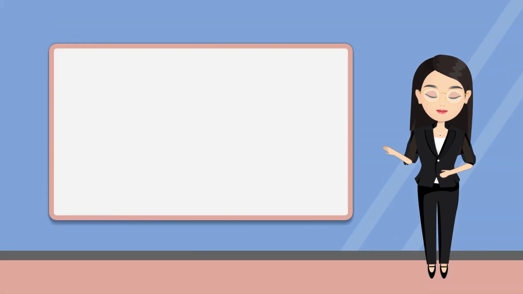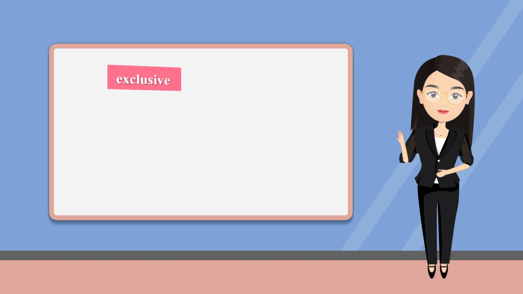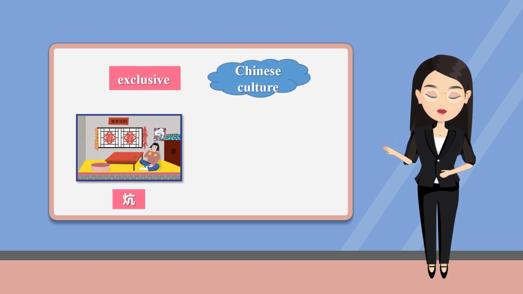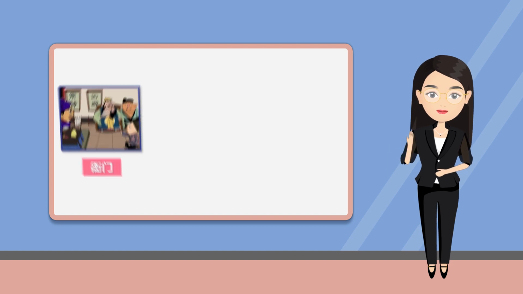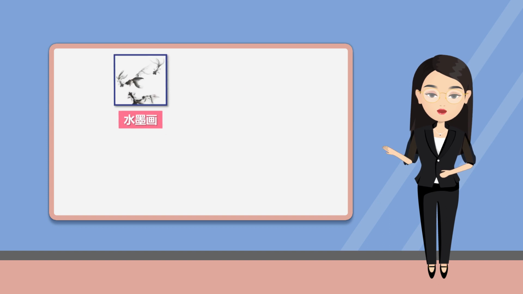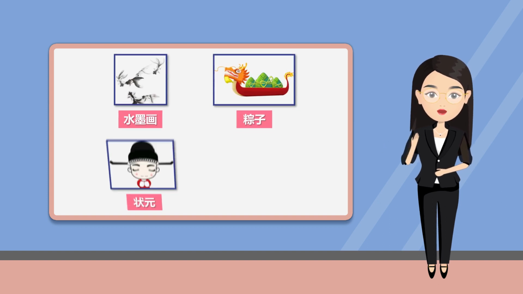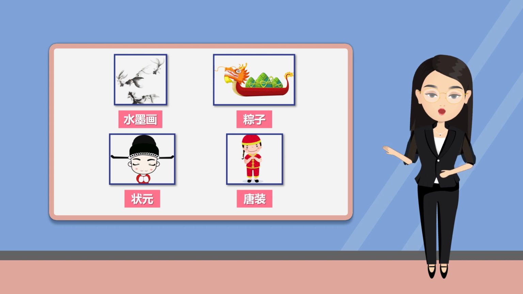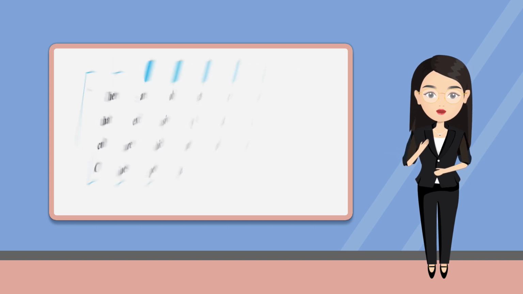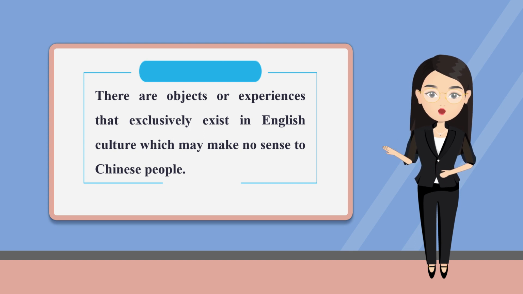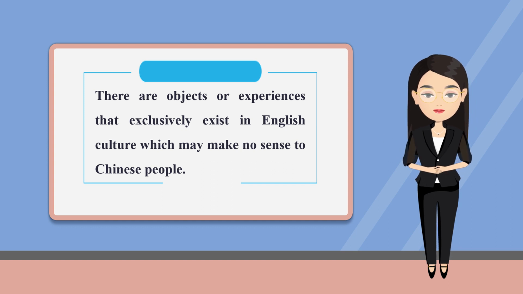There are many things or objects that are exclusive to Chinese culture, such as 炕、太极、衙门、四合院、漕运、水墨画、粽子、状元、唐庄, etc. On the other hand, there are objects or experiences that exclusively exist in English culture which may make no sense to Chinese people.